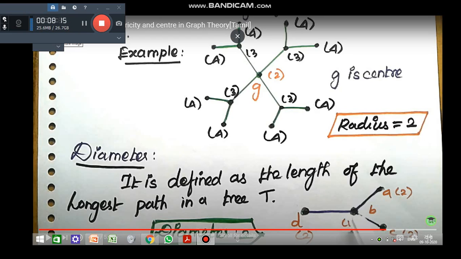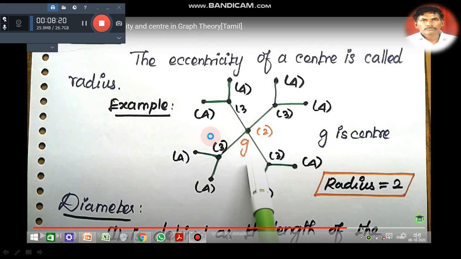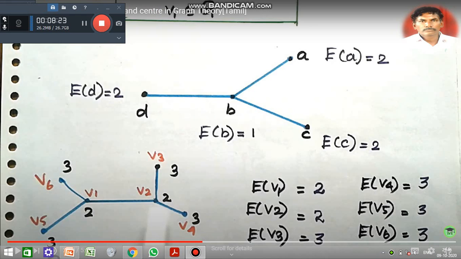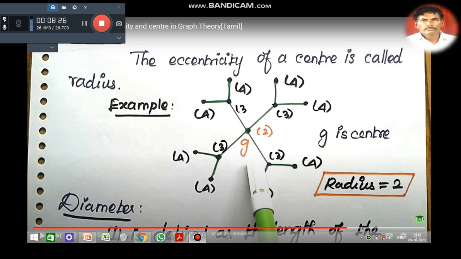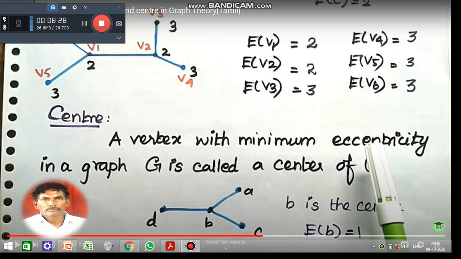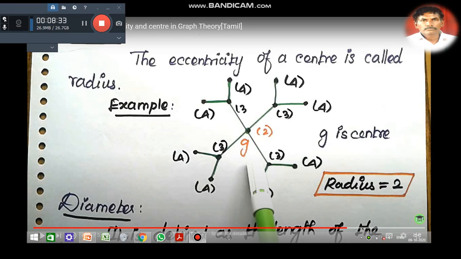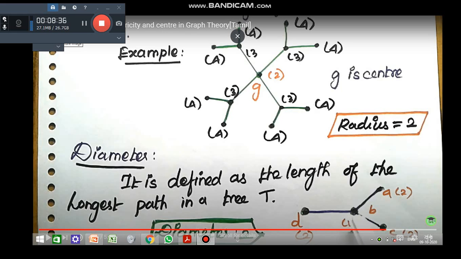So like this we can explain different terminology in a tree: what is eccentricity, what is the center of a tree or graph, what is the radius of the graph, and what is the diameter of the graph. These are the fundamentals for proving the theorems in this topic under trees. Spanning trees we are also going to see. These definitions are very important, so understand these facts very well.